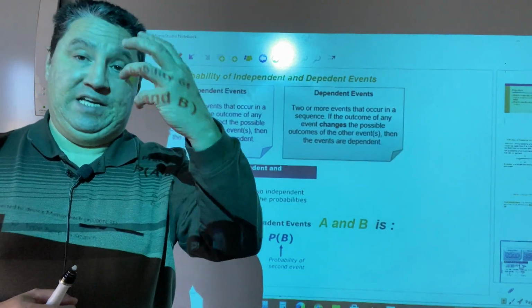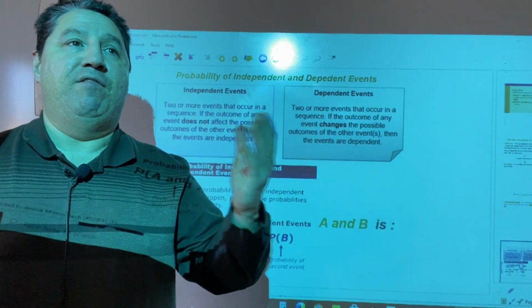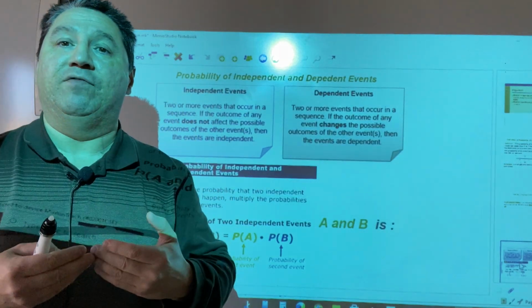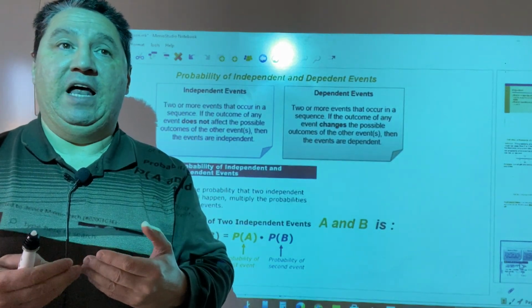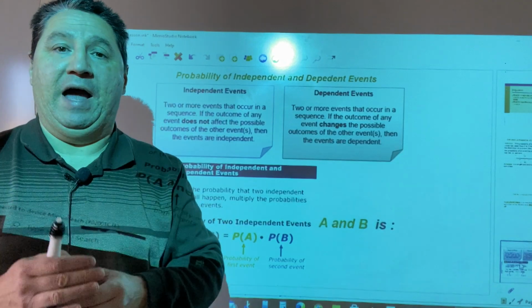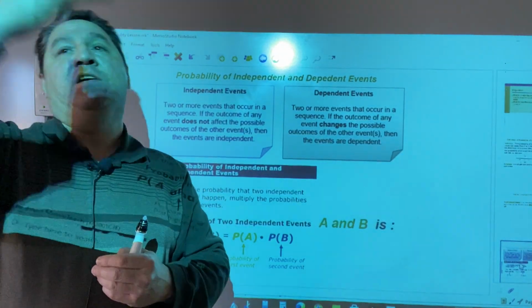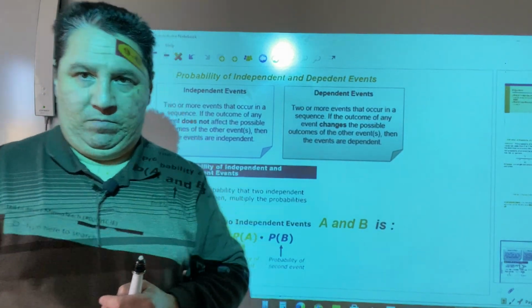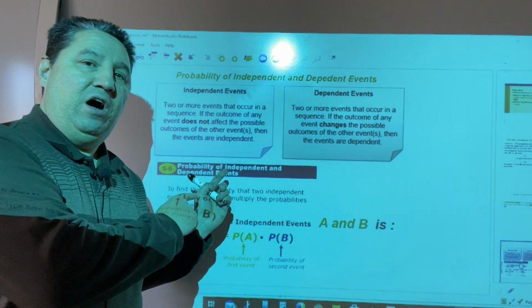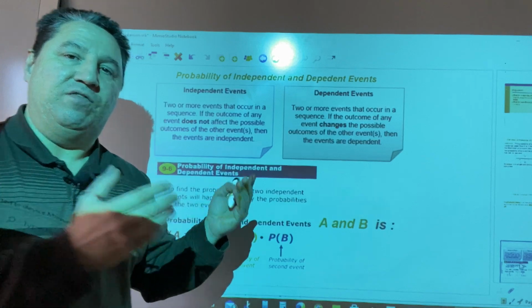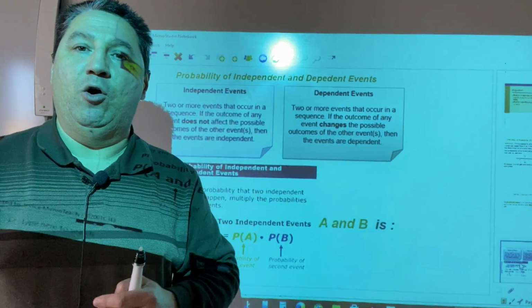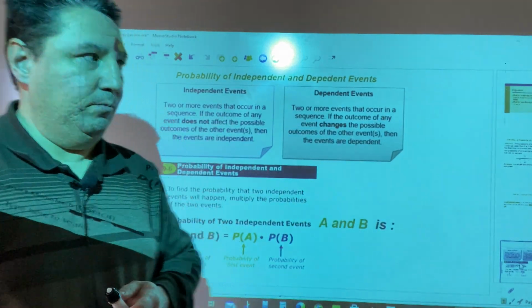First, in this lesson, we'll talk about finding the probability of two events linked by the word and. In another lesson, we'll learn how to compute the probability of two events linked by the word or.